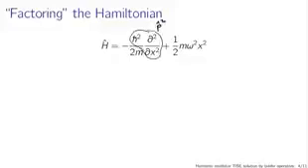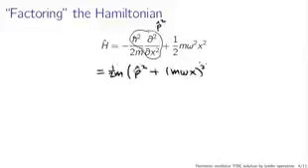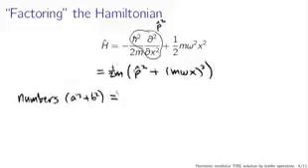If I pull out 1 over 2m, what I get is 1 over 2m, p hat squared plus (m omega x) quantity squared. This is suggestive. If we had numbers, and I had something like a squared plus b squared, I could factor that over the complex numbers as (ia plus b) times (minus ia plus b).